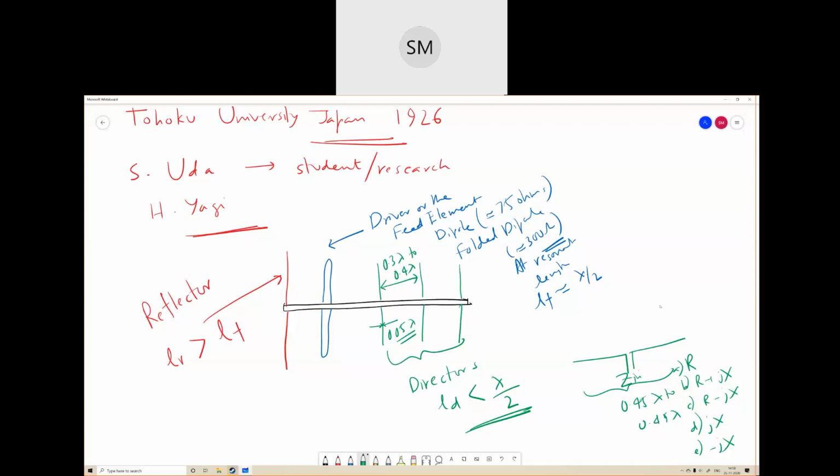What is the input impedance of a dipole at its resonant length? What happens to the antenna near its resonant length?